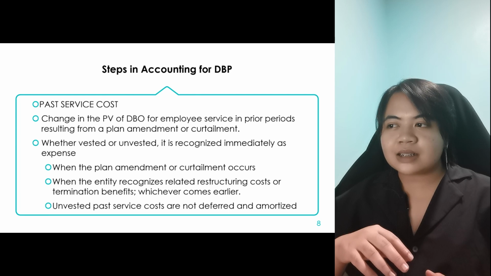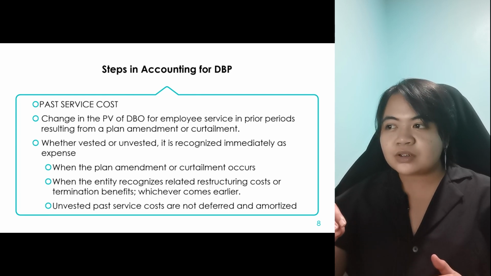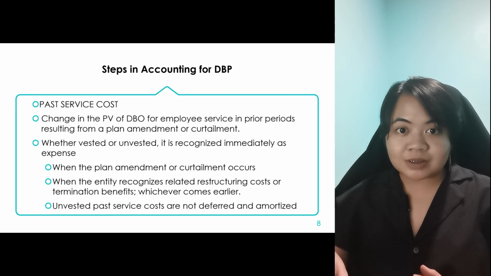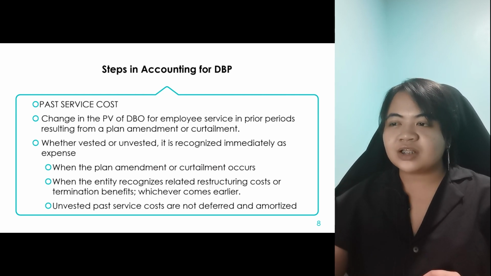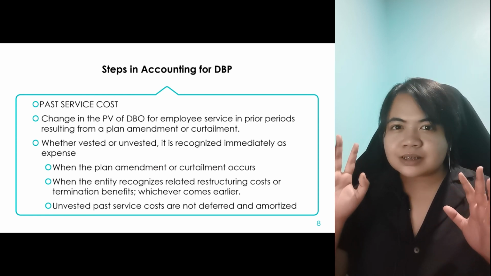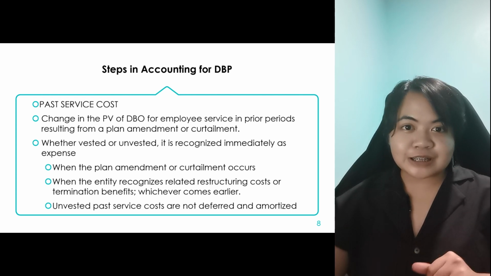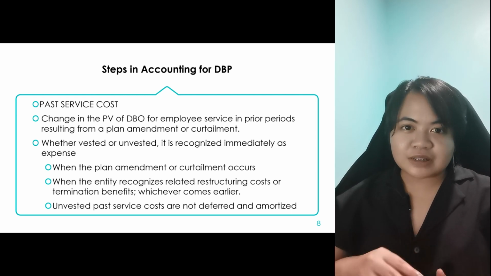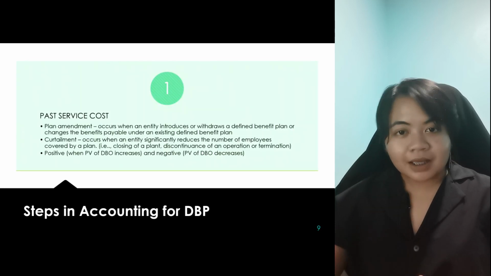Then, the entity recognizes related restructuring cost or termination benefits, alin daw po ang mas naunang mangyari. At saka, unvested past service costs are not deferred and amortized. So, maalin po sa mga conditions na yan, expense po agad, whether vested or unvested itong past service cost.